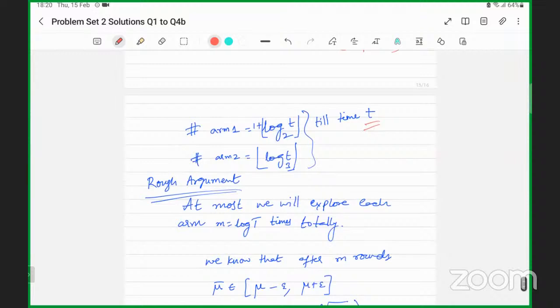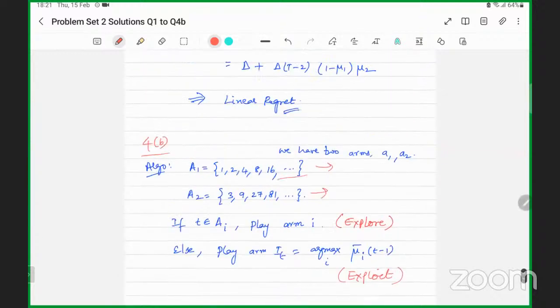Because at most, if you have T slots totally, this many times you would have played arm 1 due to exploration, because that many numbers only will be there in this set, right? If you're totally T rounds, you'll have log T base 2 entries in this set A1.